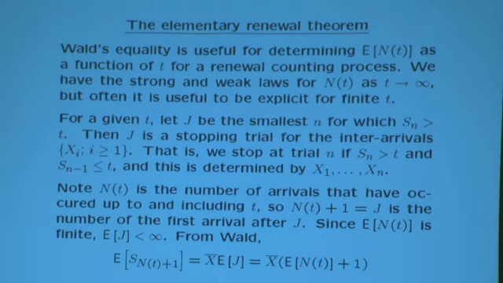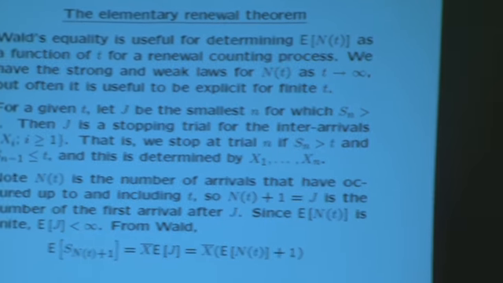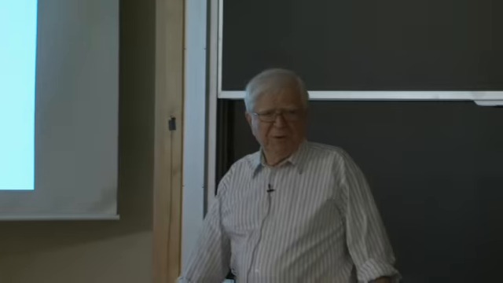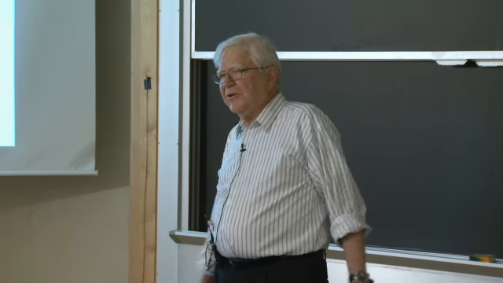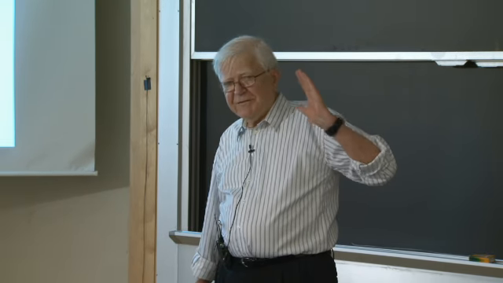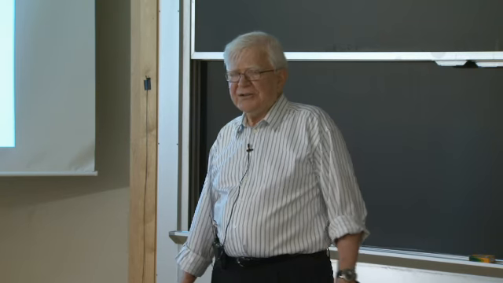Sounds like much less than what we've done before, and perhaps this is because this was a computational thing that people could do without computers before computers came along. All the work on renewal theory went on basically from 1900 until about 1970.